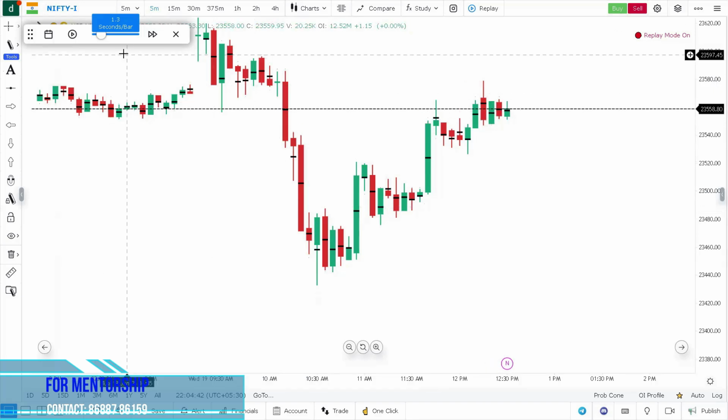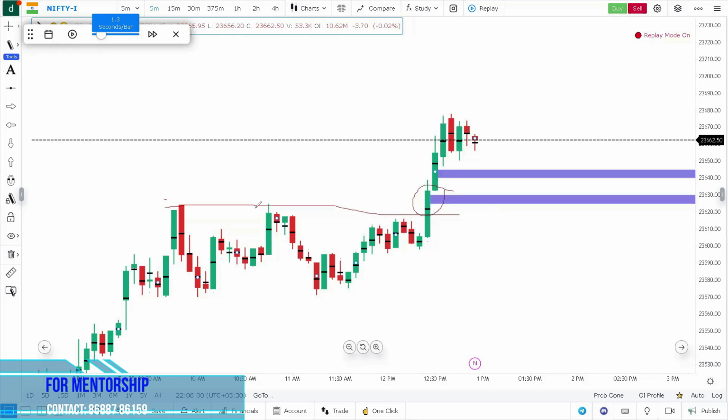Now the second way to trade these fair value gaps is to go along with the FVGs. This is the previous high. There is a good amount of fair value gap here, and a good amount of fair value gap here. On the next candle, the prices came down and it acted as a very good support. Now what you do, once the previous high is broken, you try to take the trade.